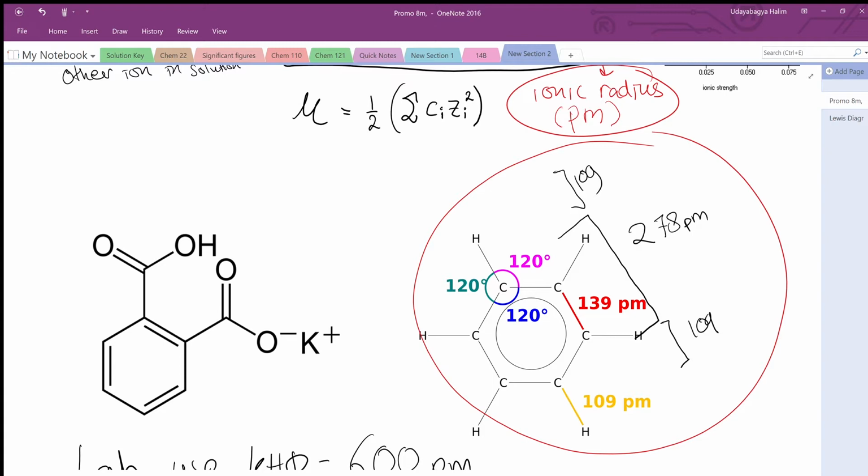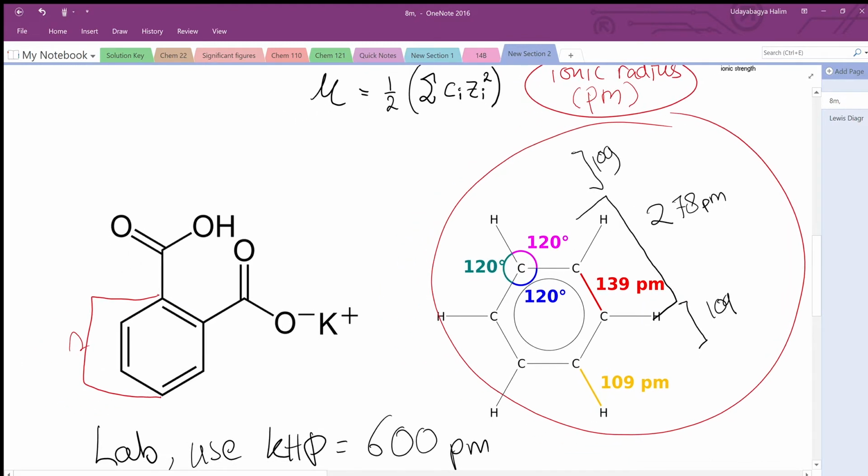If you look at the geometry, the size from top to bottom is about 278, and then there's a bit of hydrogen sticking out, which is 109. Then you have a carbon-carbon bond of about 140, I'm just rounding, and this last one here is about 70 picometers and so on.